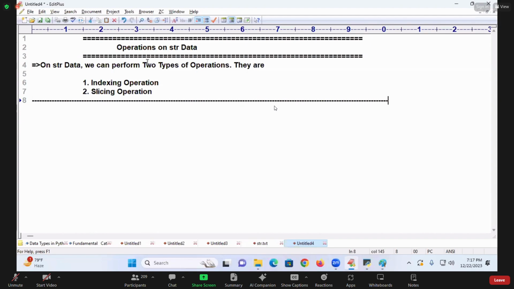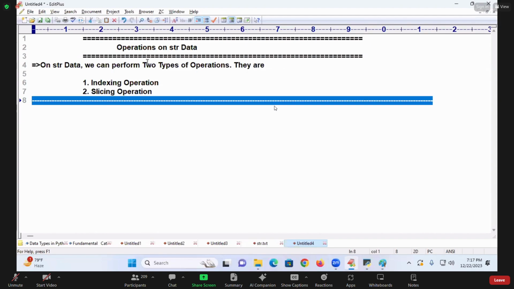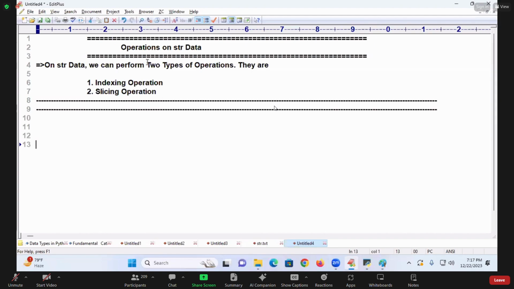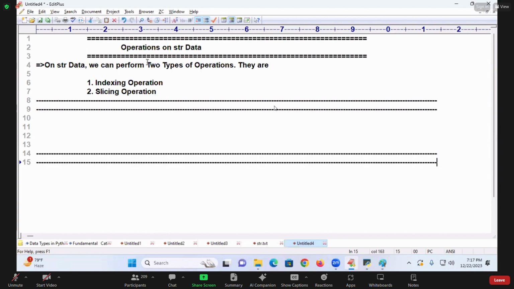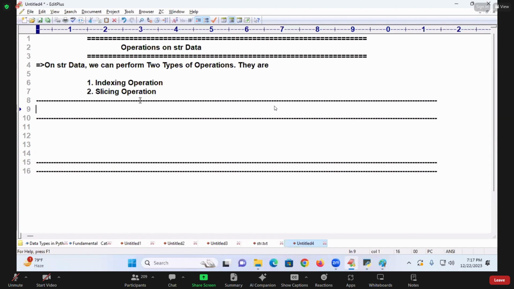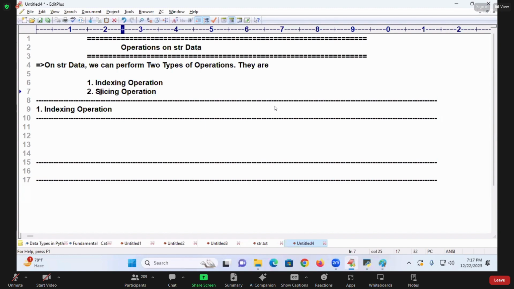What is indexing and what is slicing? I want to explain. The indexing is very easy. You will understand it. And next one is slicing. This itself will take 2 hours above to understand, because I am not saying one syntax. 5 syntaxes with different rules, sub rules, sub points, so many things.